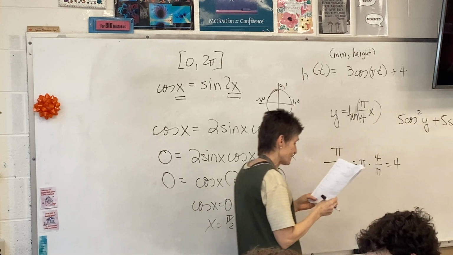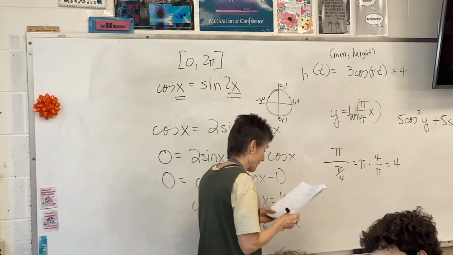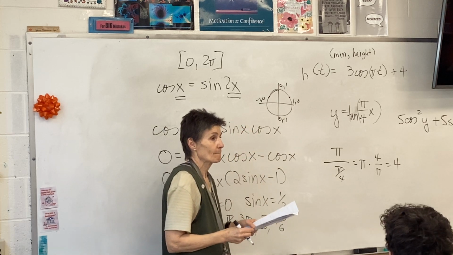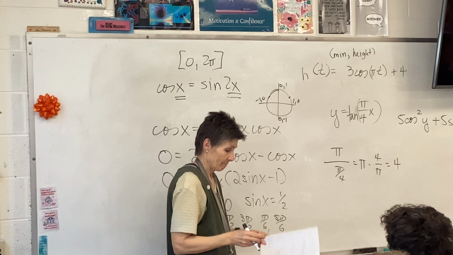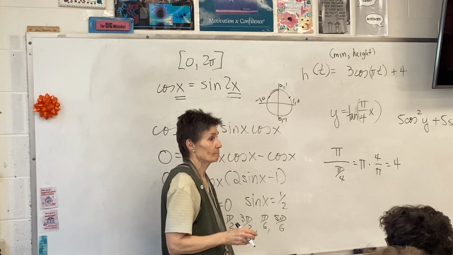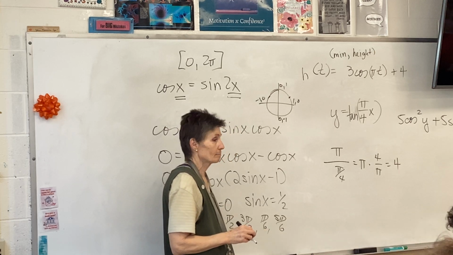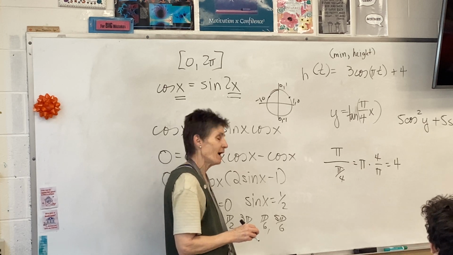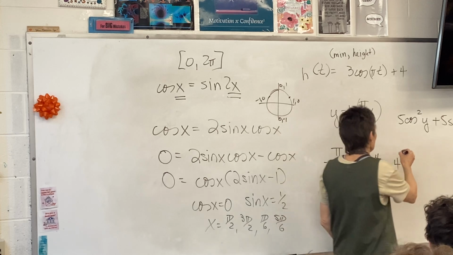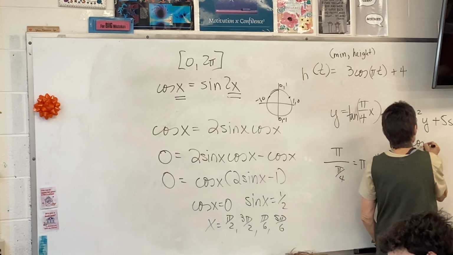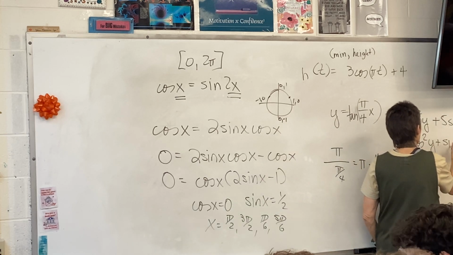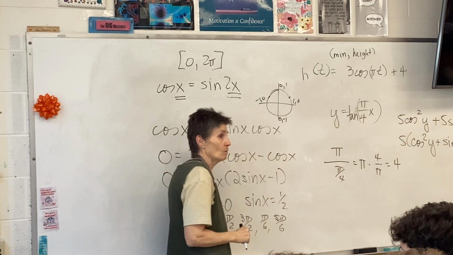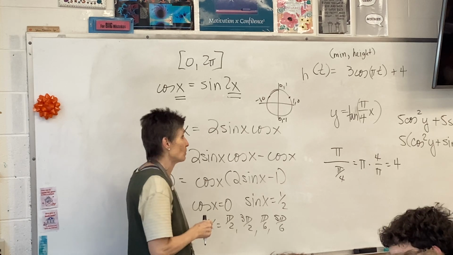Simplify that. What does that equal? Someone tell me before I have a stroke. 5, absolutely. Because if you factor out the 5, you have cosine squared plus sine squared, which you all know is 1. So we have 5 times 1, that equals 5.